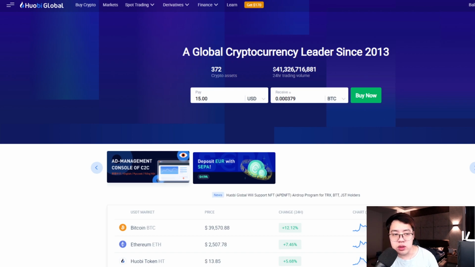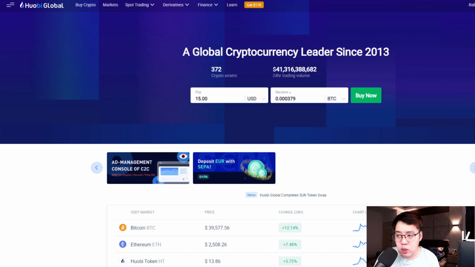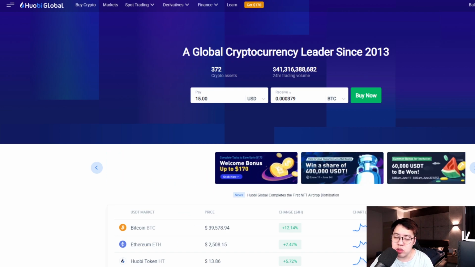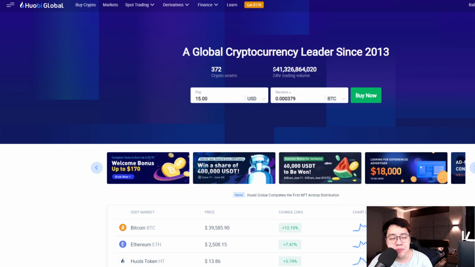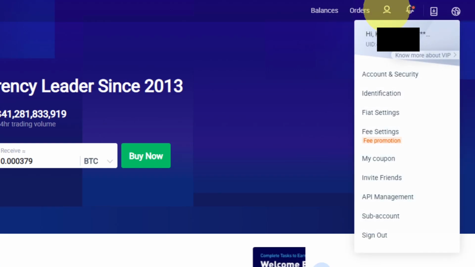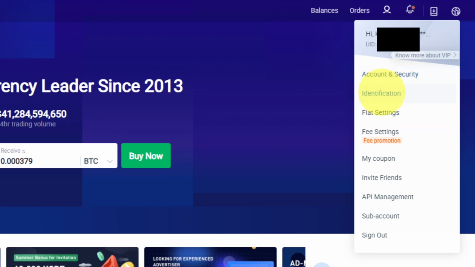First of all, of course, you need a Huobi trading account. If you don't have one, you can click on the link below, use the referral link that I provided, and do the registration. Once you've done the registration, remember to do your KYC. The KYC is under account identification.